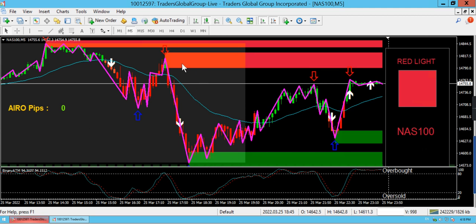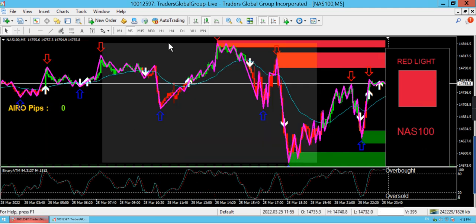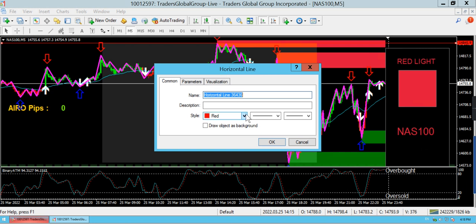All right, so now I'm on the M5 time frame. The next thing I mark up is the high and low of the money zone. All right, Strategy 4 of Arrow, money zone breakout. So I'm going to highlight it. Here's the top, and we'll go ahead and do a horizontal line.